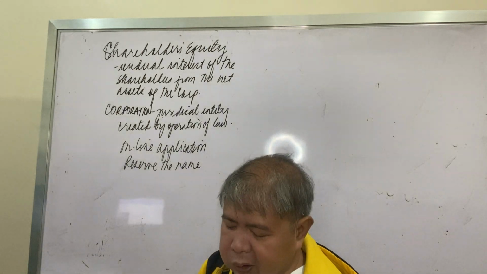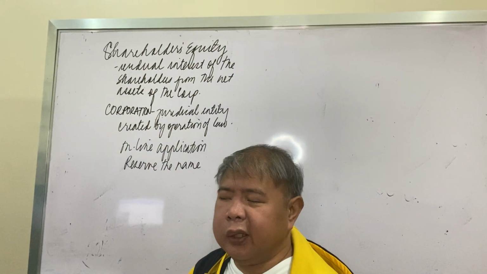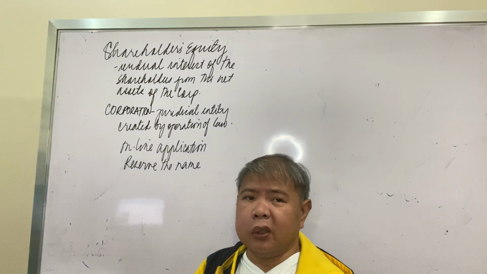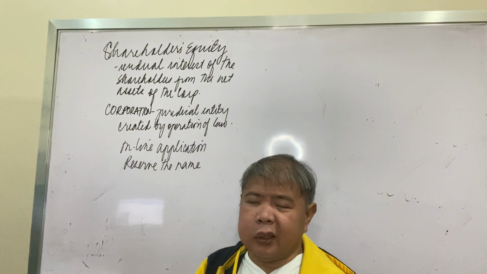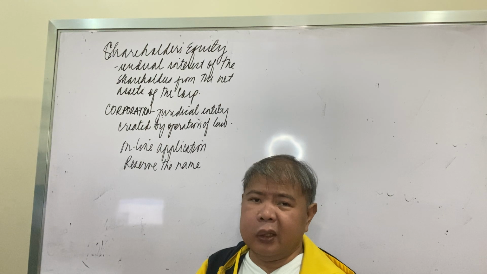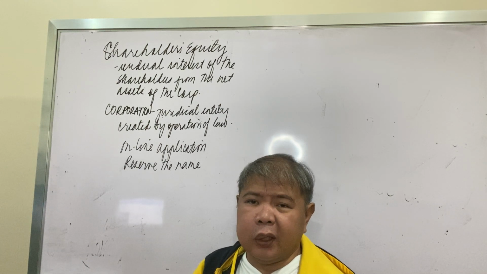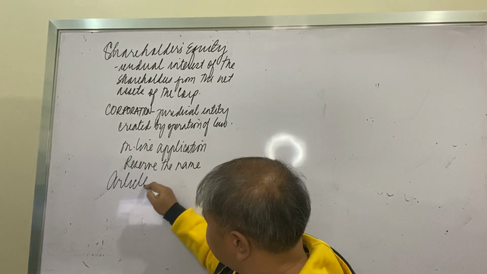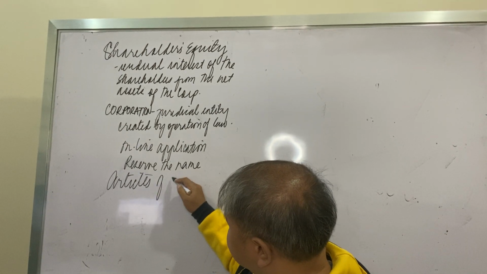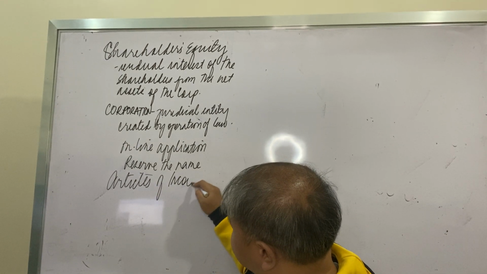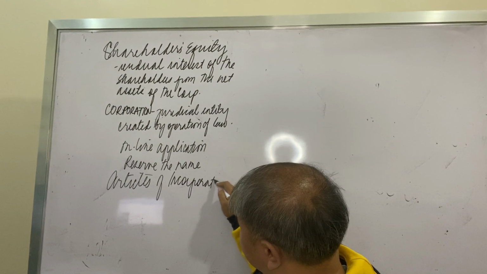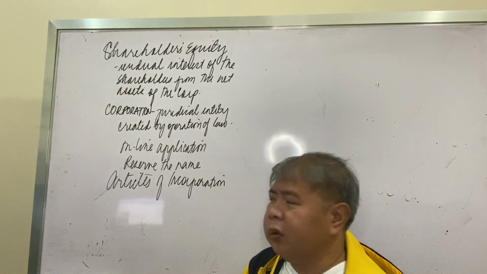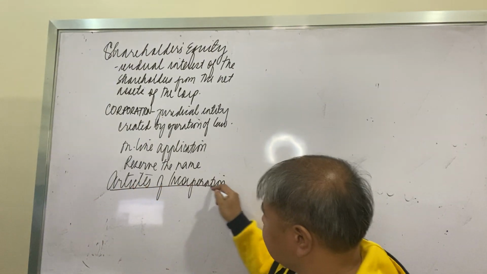Once the name is cleared and reserved by the SEC for you, what you do is fill out the information required by the SEC online, for them to be able to create the articles of incorporation. So all the information that you provide will be part of the articles of incorporation, okay? So what are those information na nakalagay sa articles of incorporation?